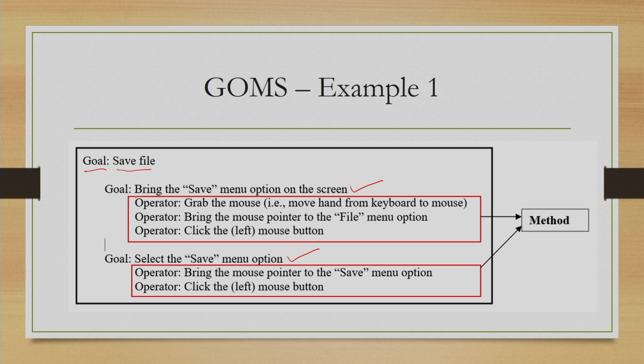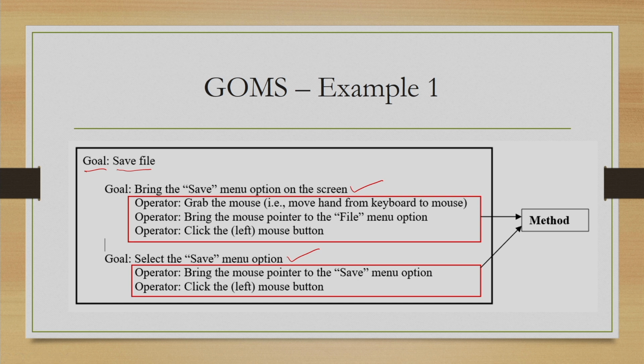So, first sub goal is bring the save menu option on the screen. Here we can define 3 operators. The first one is grab the mouse, or in other words move hand from keyboard to mouse. Second operator is bring the mouse pointer to the file menu option, and third operator is click the left mouse button.